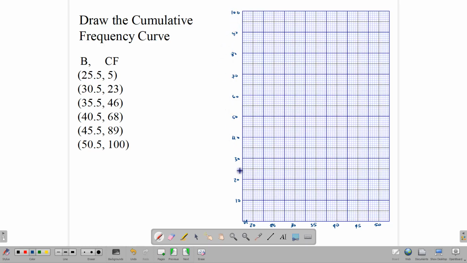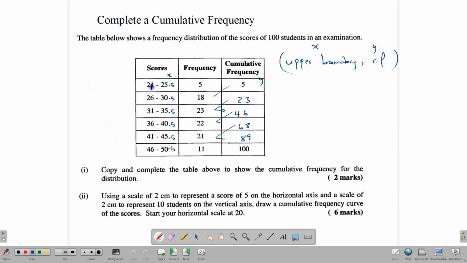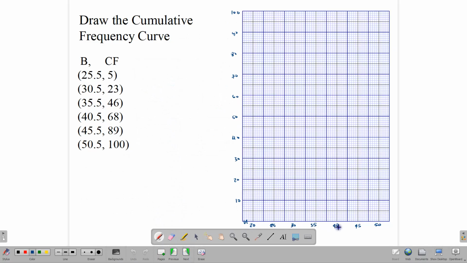So we're using the full paper. Notice that I didn't start this x-axis from 0. If you had done that, it wouldn't be able to hold the entire data for the x-axis. So you need to start it at a number close to what the first group is. This is 21 to 25. So if I start it at 20, then it would hold everything that I needed to hold.